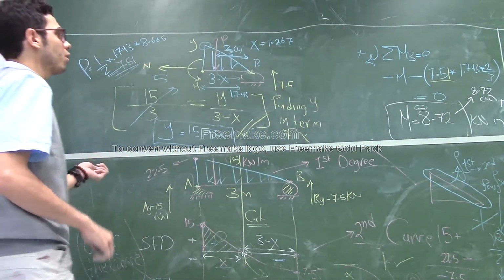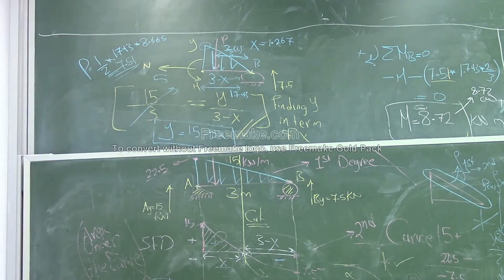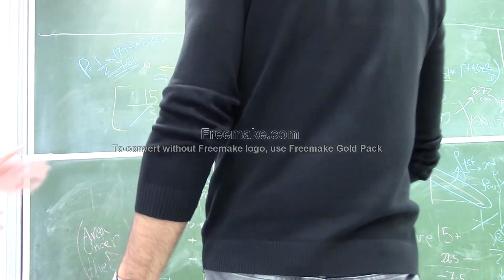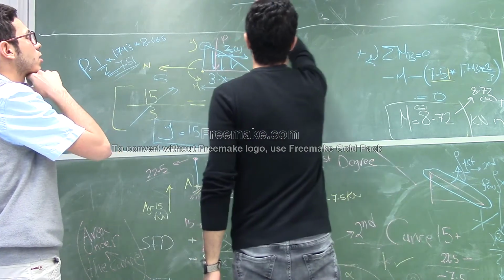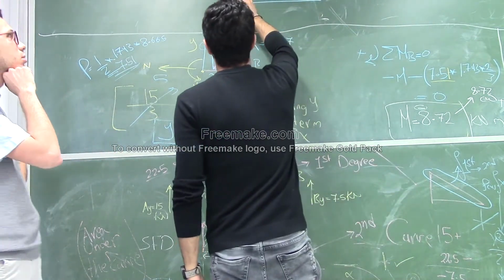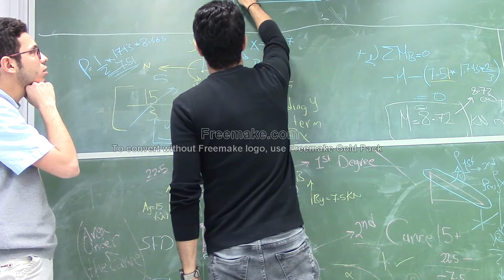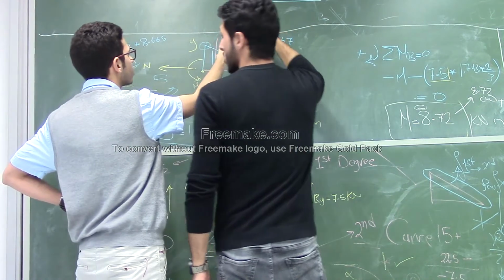And please, if anyone has any question, don't hesitate to ask, because this is the most important material in this course. It's about the moment. Show me the question. What was the question? Do you remember? I think we solved it here.